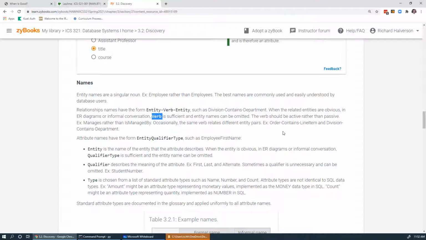The verb should be active rather than passive. Okay, it manages rather than is managed by. Somebody manages a department. Occasionally, the same verb relates different entity pairs. Order contains line item, or division contains department.